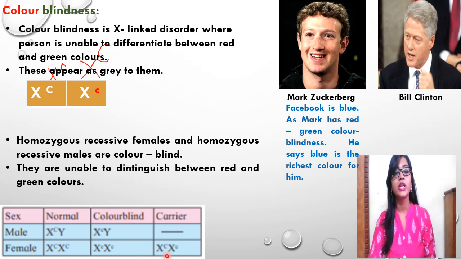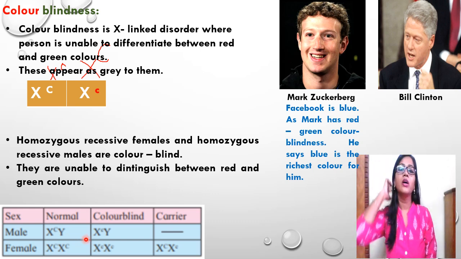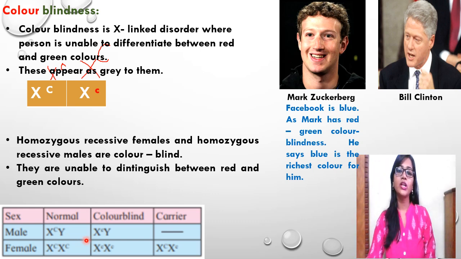Otherwise the female will act as a carrier. But males have only one X chromosome, and if that X chromosome has the recessive X-linked gene, there is no other dominant gene, so the recessive gene will surely get expressed in males. Because of that, the frequency of colorblind women is much less than colorblind men.